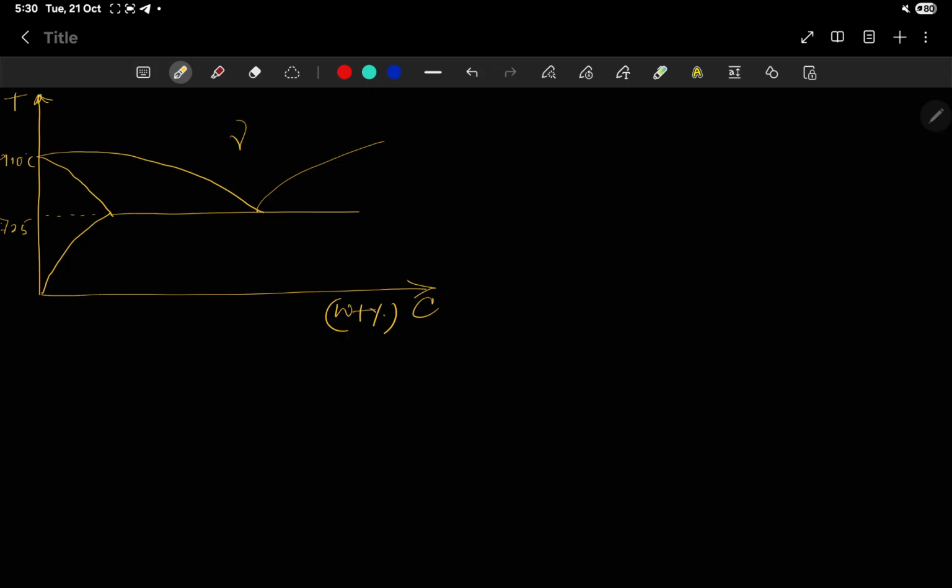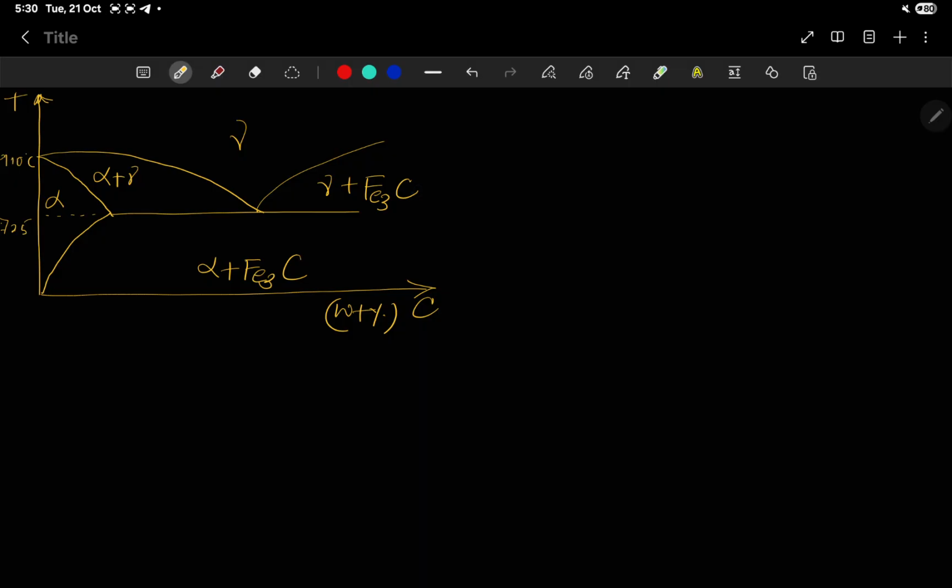And this is gamma, this is alpha, this is alpha plus gamma, and this is alpha plus Fe3C. Okay, and this is gamma plus Fe3C, this is gamma plus Fe3C.